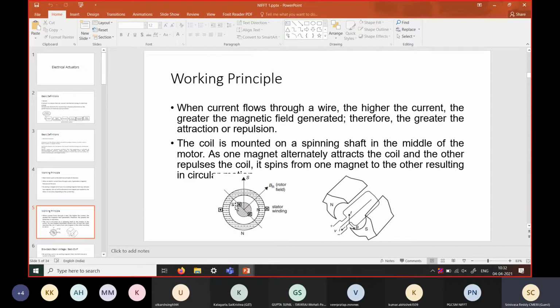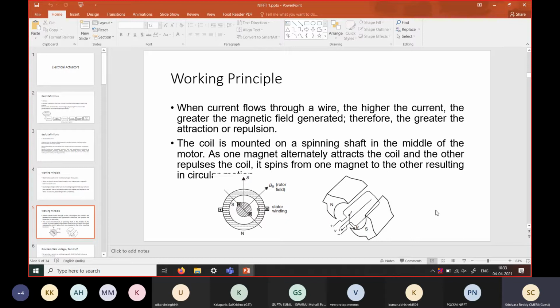Now the S is going to come down here. When the current is reversed, the south pole becomes a north pole on the rotor winding, so again it is going to repel and continue the motion. In this way, continuous motion in the electrical actuator can be achieved.